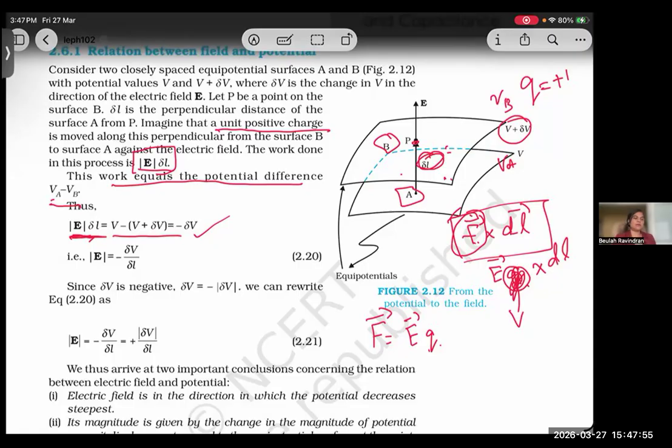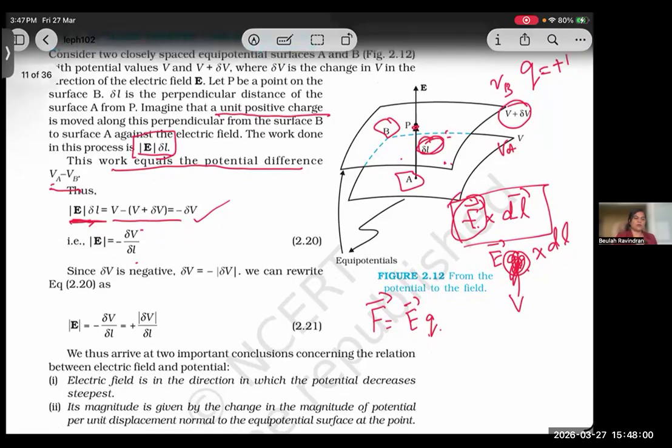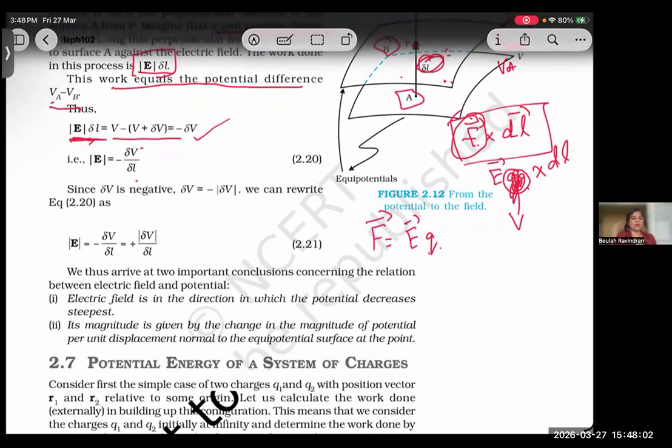So it is minus delta V by delta L. If you take dV as a magnitude, you can neglect the minus, so you can write delta V by delta L. We can say V is equal to E into R, where R is the distance between two equipotential surfaces. Here it is given as E into dl.